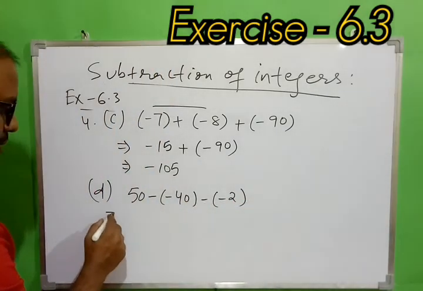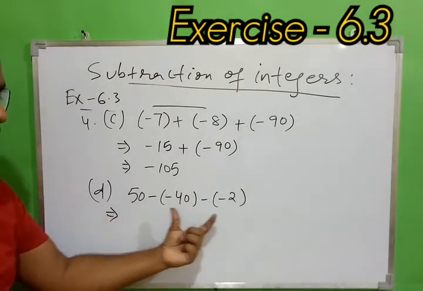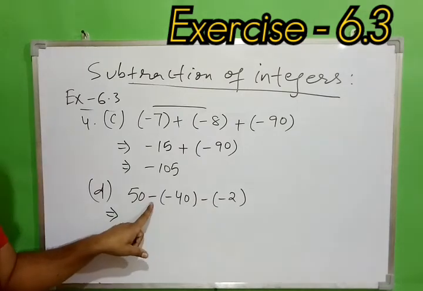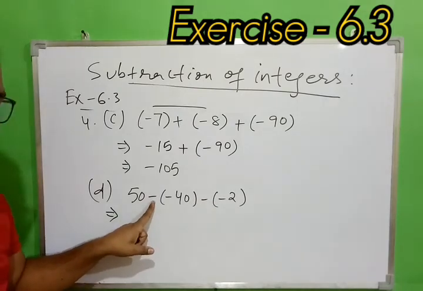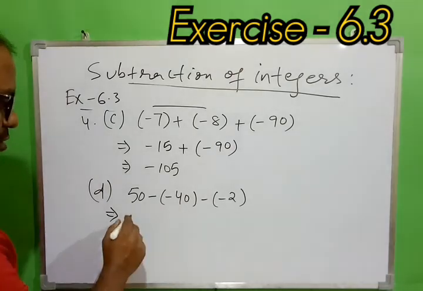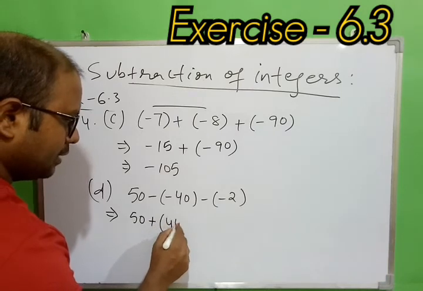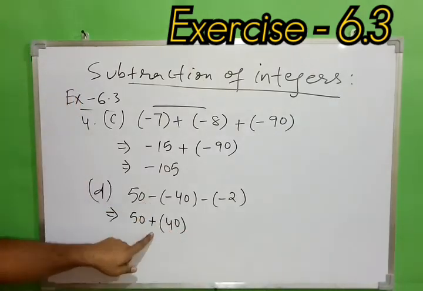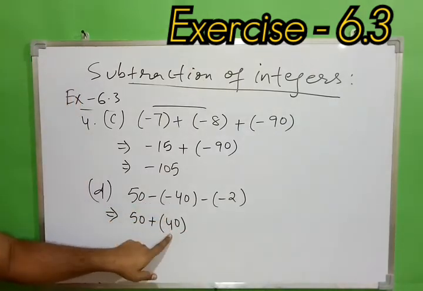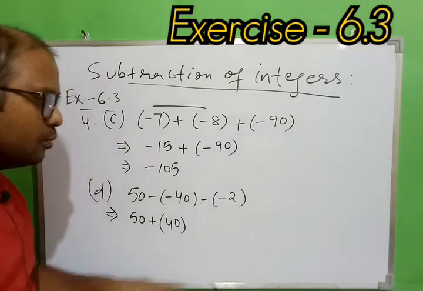So let's solve this part. So very first we'll try to solve these two numbers, and then we'll go for the third number. So we know again in place of minus we'll go for plus. So minus 40 will become plus 40, additive inverse. So this will be 50 plus 40. Minus is becoming plus, minus is becoming plus, that is additive inverse. And we can also modify here itself.